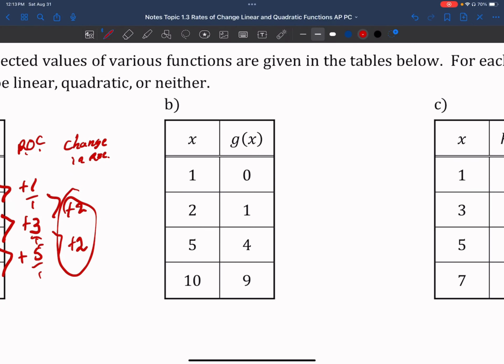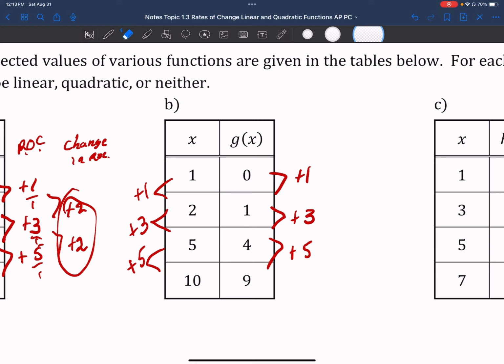We're going to do the same thing for B. So plus 1, from 2 to 5 plus 3, and then from 5 to 10 plus 5. When we look at the g's, from 0 to 1 is 1, from 1 to 4 is 3, and then from 4 to 9 is 5.